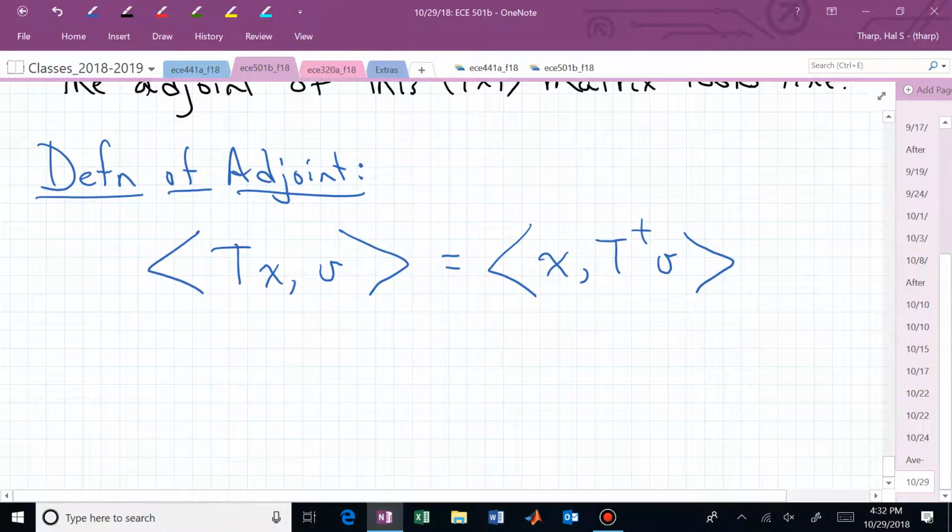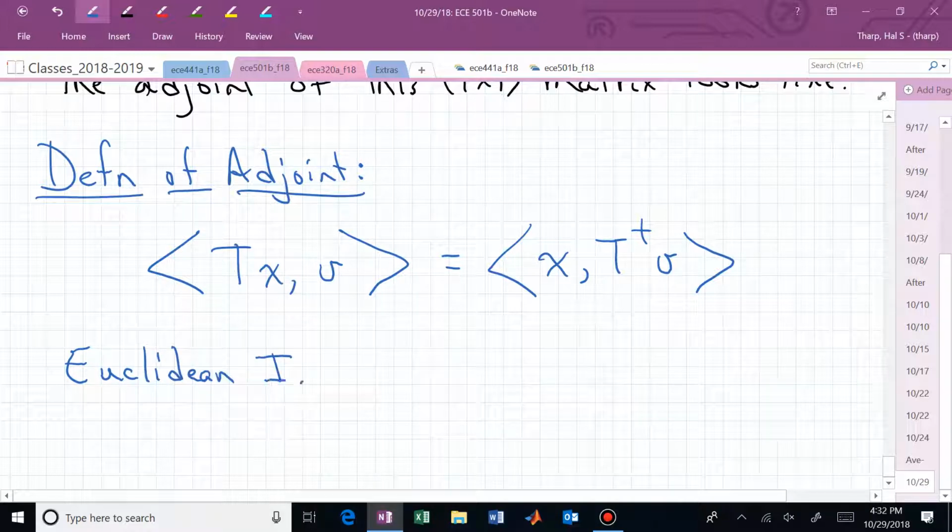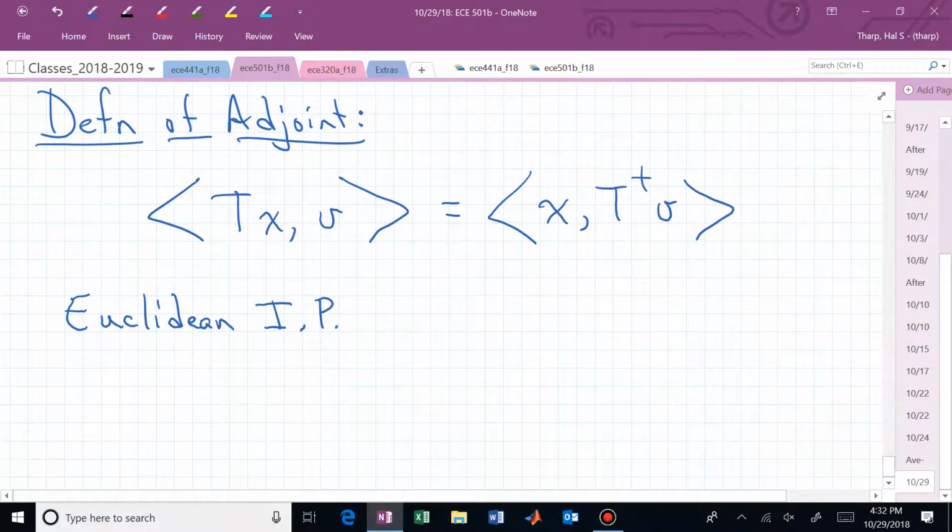And let's now just assume a particular inner product, and let's assume it's the Euclidean inner product. And that means that we match up components in the two vectors, and the second slot components need to be complex conjugated.